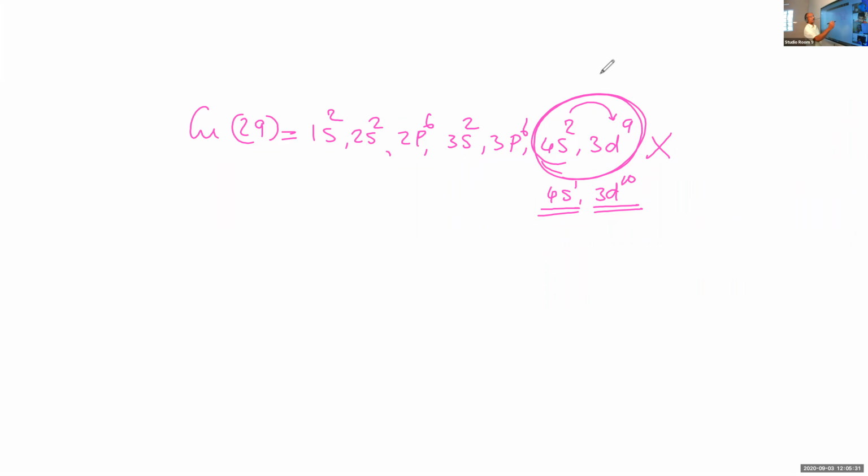So the 3d10 configuration is more stable because the 3d10 is a completely filled level. So the correct configuration is 1s2, 2s2, 2p6, 3s2, 3p6, then 4s1, 3d10.